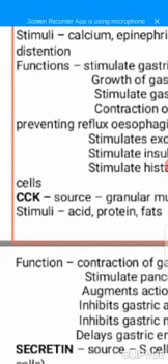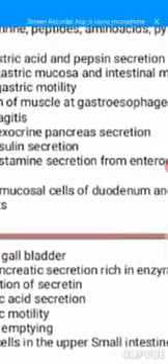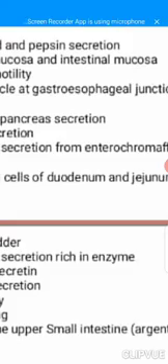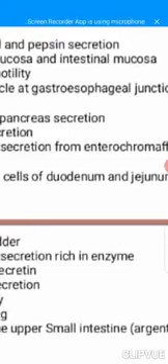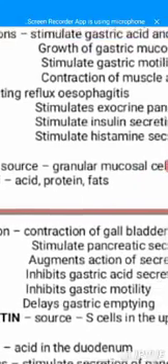Arrival of the food in the stomach should be followed by preventing the food from returning into the esophagus. Do you understand? So number one function of gastrin is to cause contraction of the muscle of the gastroesophageal junction, so that the food will not return and cause reflux esophagitis.